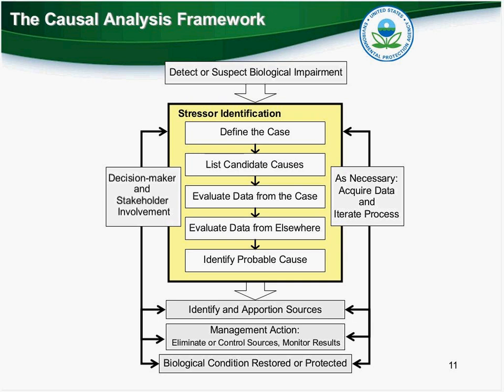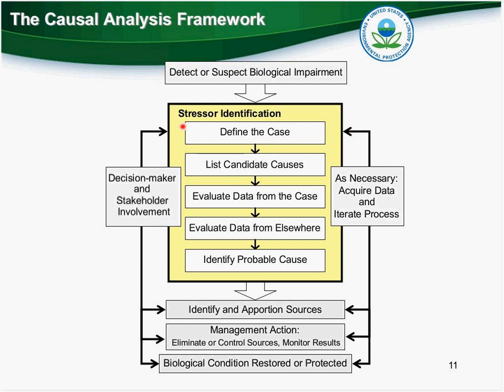This is our CADDIS framework. The yellow is our stressor identification. It's the steps that are contained within the EPA causal assessment approach. It begins with the detection of a suspected biological impairment.